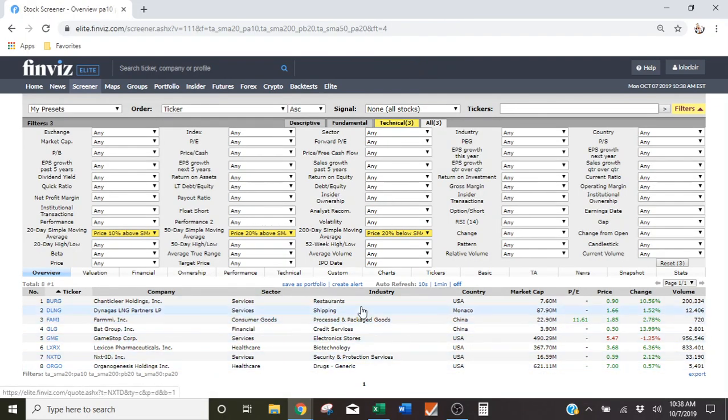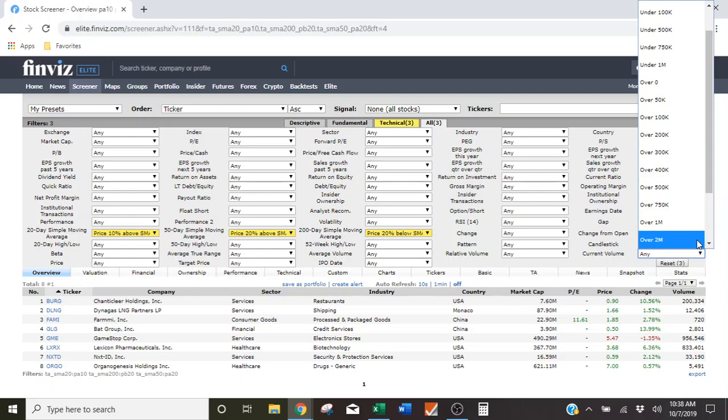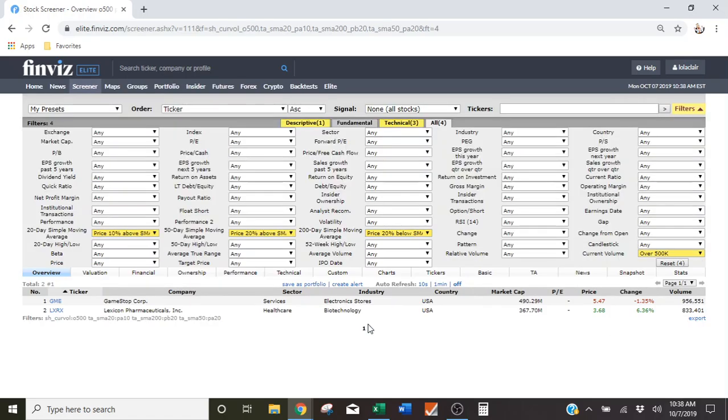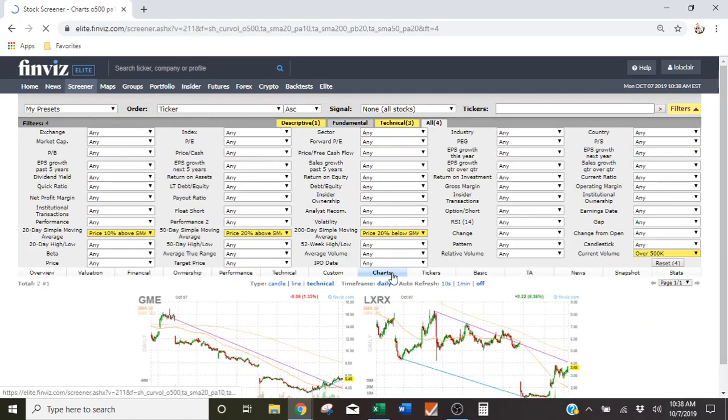You'll see how it minimizes this. And you have low volume here, so if you want to change the current volume to say I only want over, well, you have very low volume there, but let's say over 500. 2 stocks remain. Let's look at the charts.